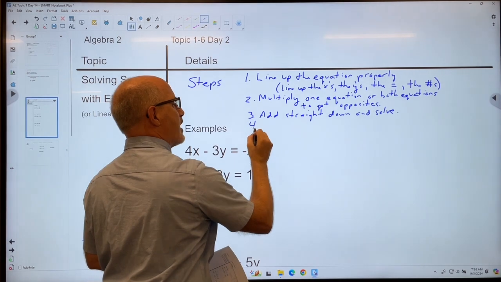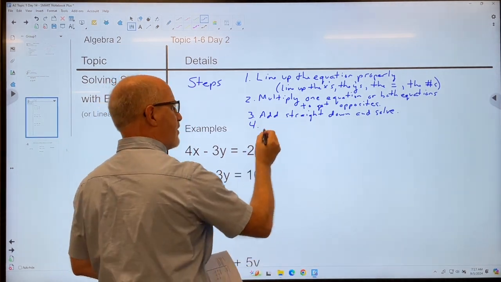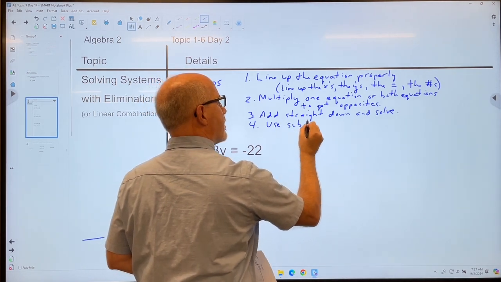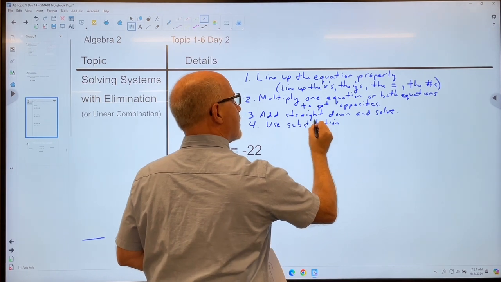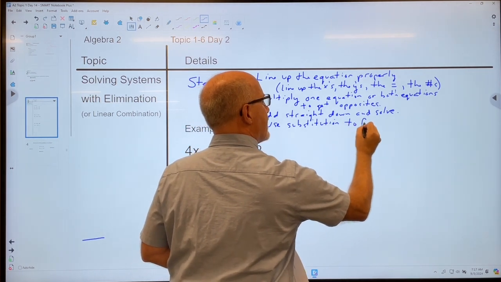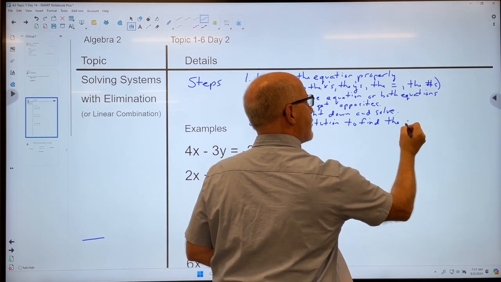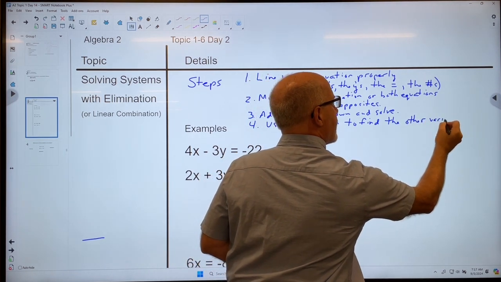And then the fourth step is you want to then go back to the method of substitution to find the other variable. Use substitution to find the other variable. All right, those are our steps.